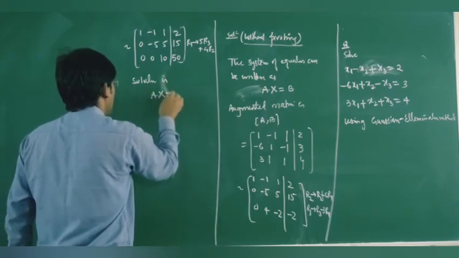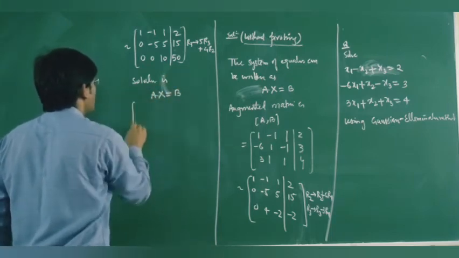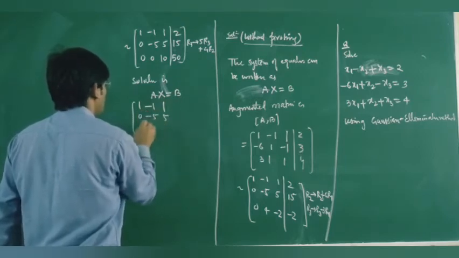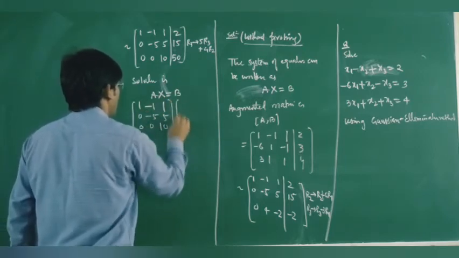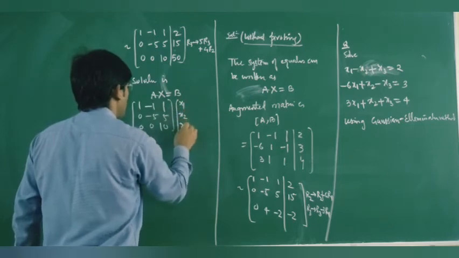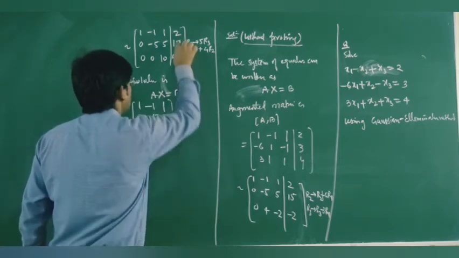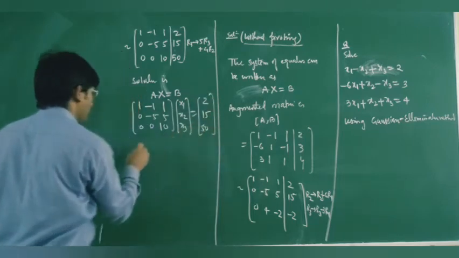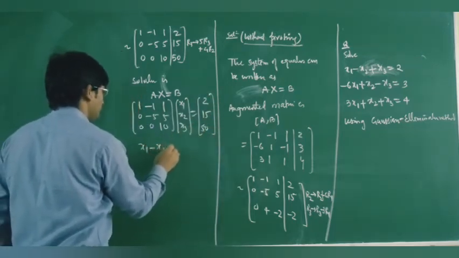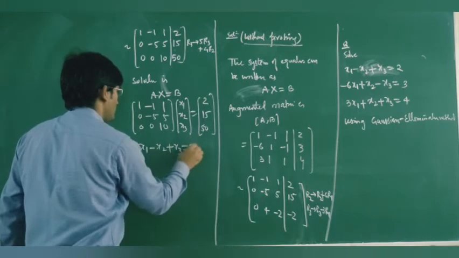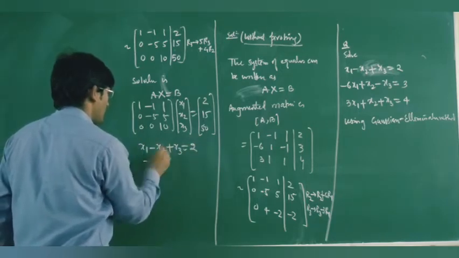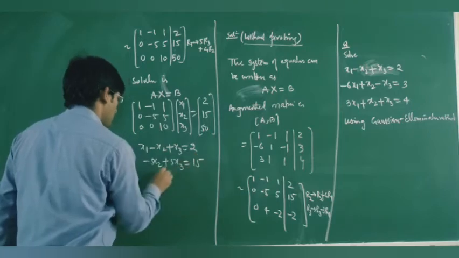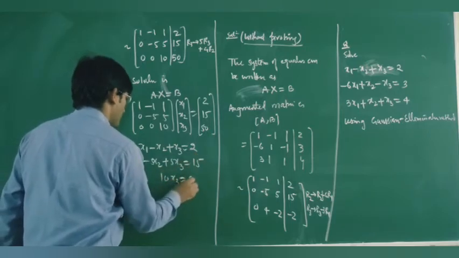Ax equal to B. So we have 1 minus 1 1, 0 minus 5 5, 0 0 10. Then for x we have x1, x2, x3, and for b we have this right hand side which is your 2, 15, 50. Now with the help of the back substitution, the first row is 2, the second row will be minus 5x2 plus 5x3 equal to 15, then we have 10x3 equal to 50.